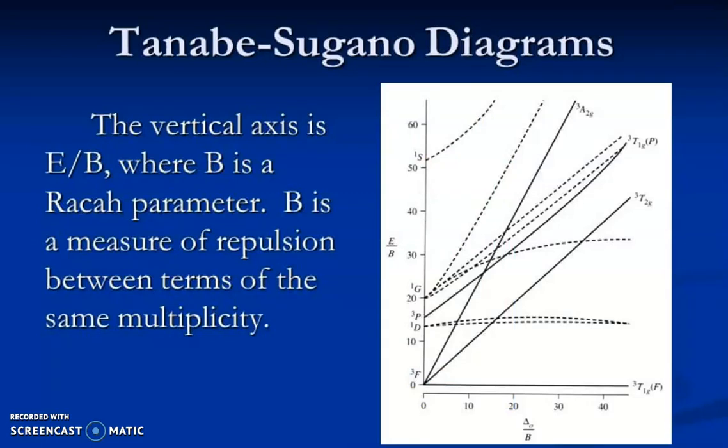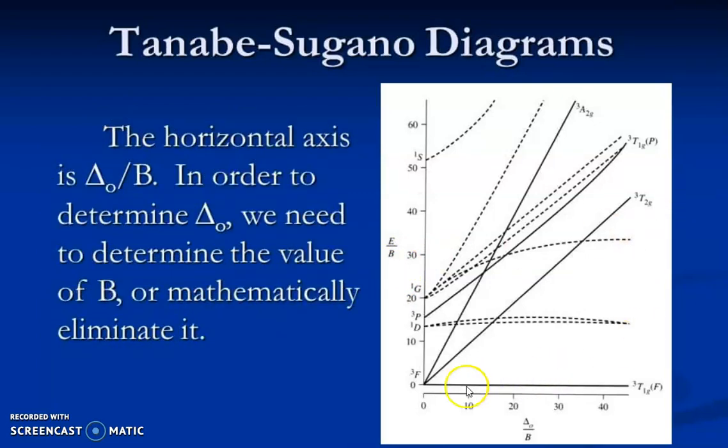So the vertical axis is E by B. This one, y-axis E by B, where B is a Racah parameter and B is a measure of repulsion between terms of the same multiplicity. Now the horizontal axis is delta naught by B. In order to determine delta naught, we need to determine the value of B or mathematically eliminate it.